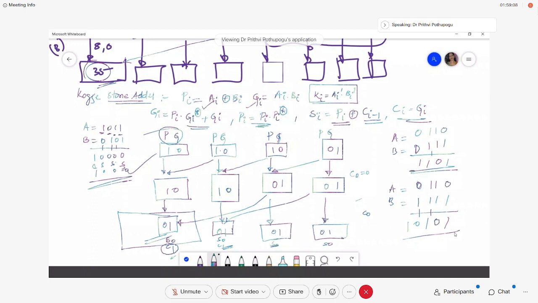If you want to do it as an assignment, you can take it as an assignment. If you want to work it out now, you can. I'll give you 2 minutes.